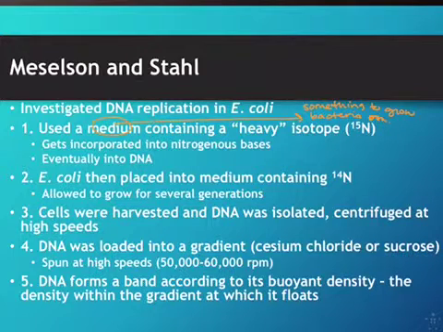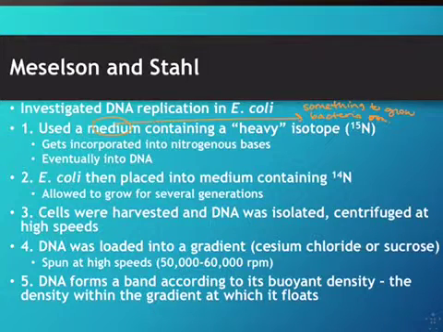That nitrogen 15 then gets incorporated into the nitrogen bases of DNA, and as DNA gets synthesized, that nitrogen 15 will eventually show up in the DNA of the E. coli. So once he placed the E. coli in the medium with N15, he let it grow for a few generations.